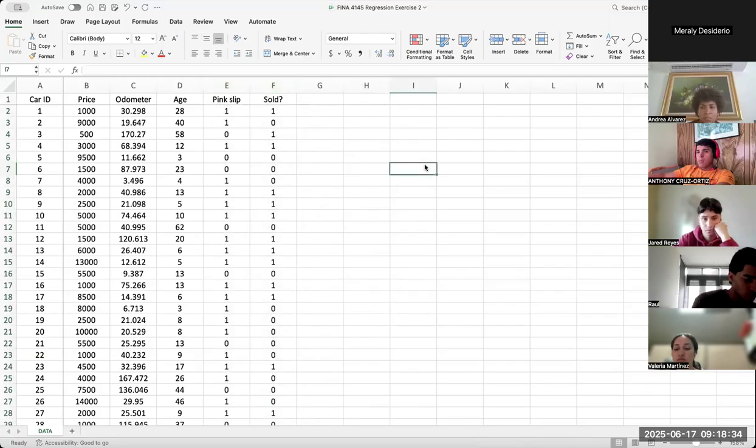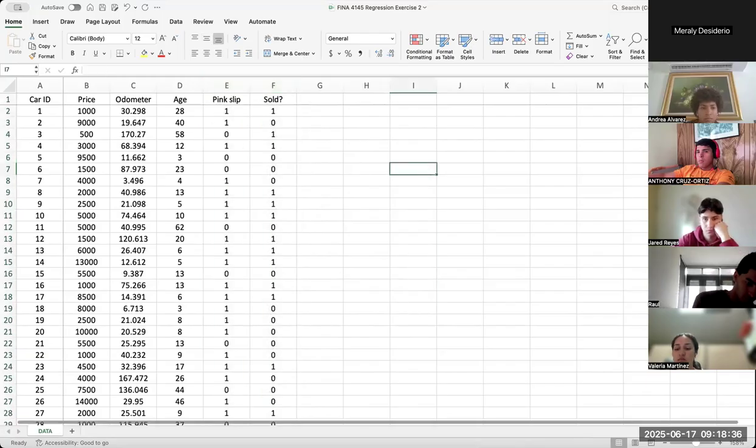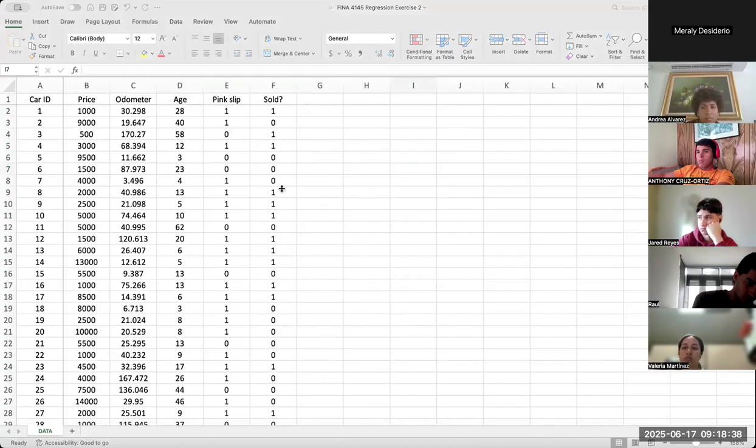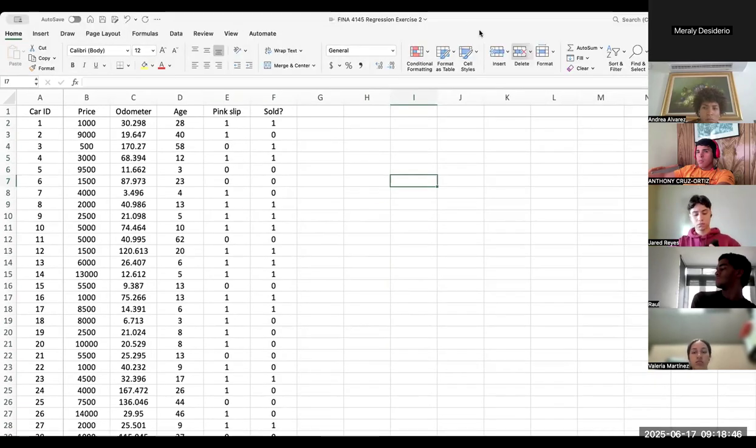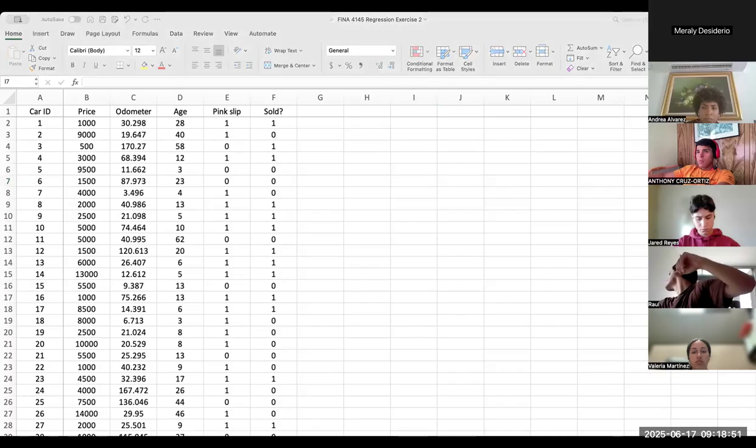Okay, so in terms of the models in the assignment, we're going to justify each one and why we run each one. I have them here.